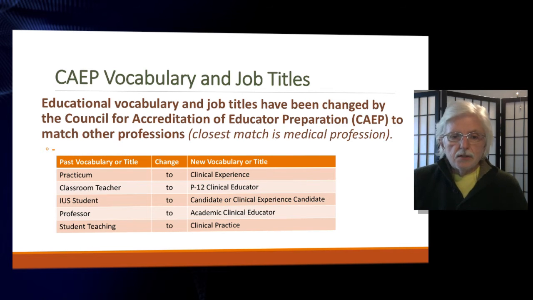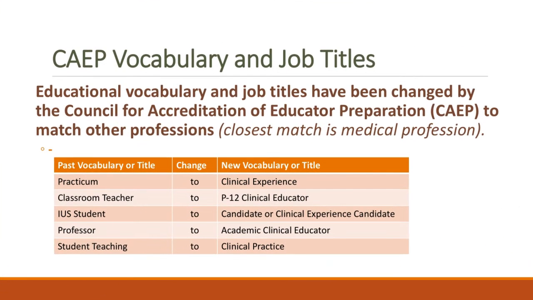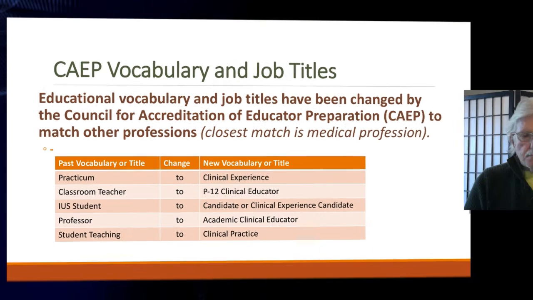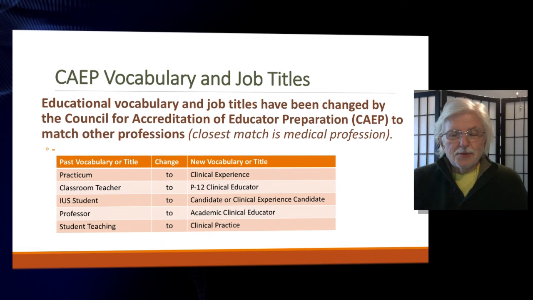The IUS student is called the candidate or the clinical experience candidate. I am the academic clinical educator, and it's the academic clinical educator and the P12 clinical educator, you, who work together to make this successful. And when we get to student teaching, it's no longer called student teaching, it's called clinical practice.